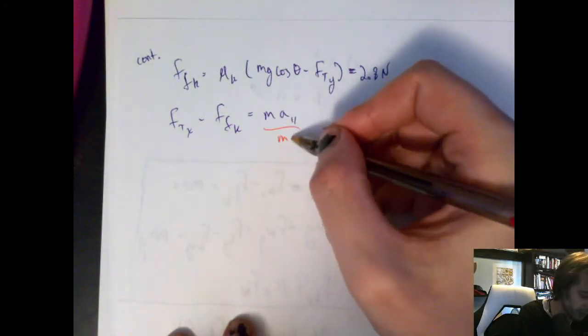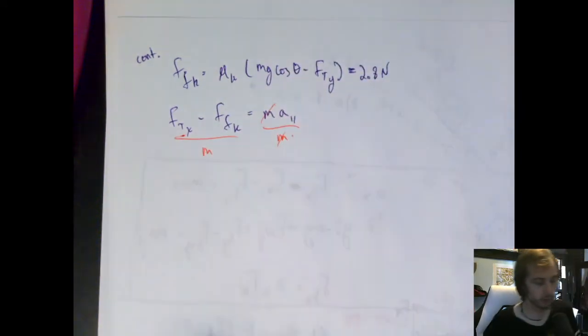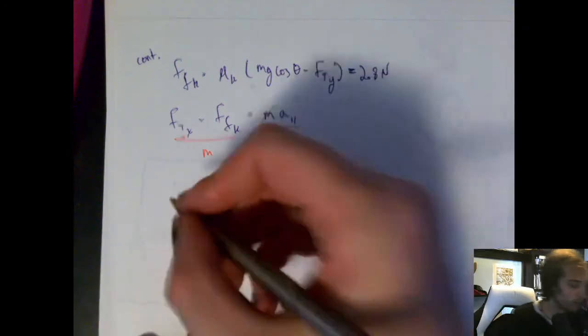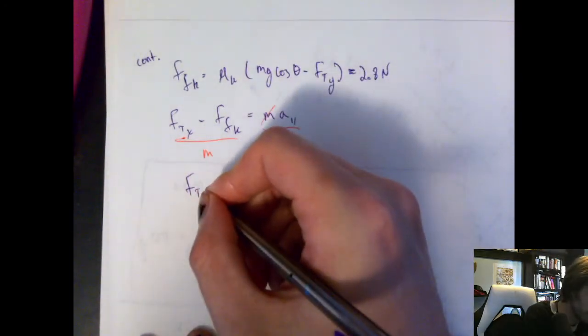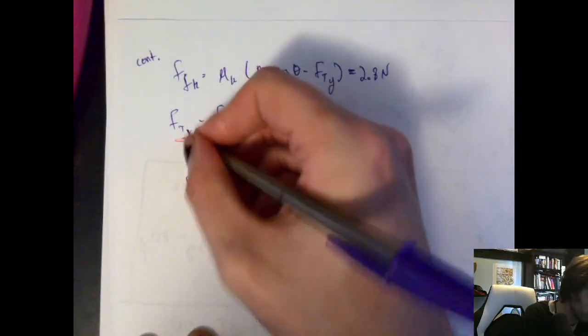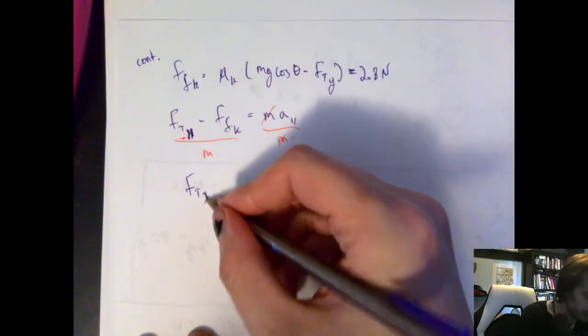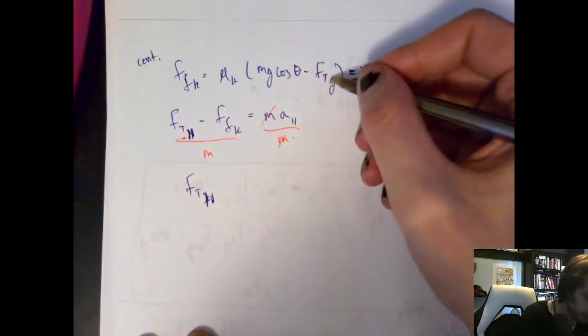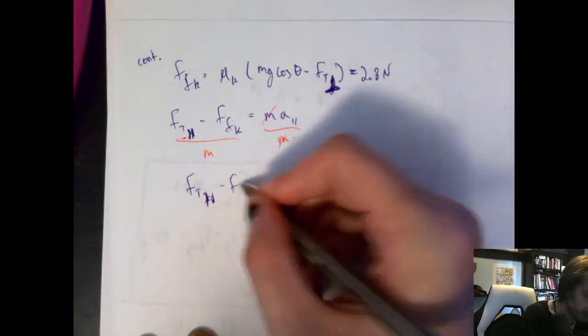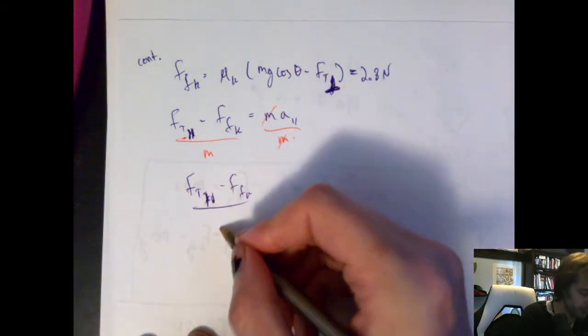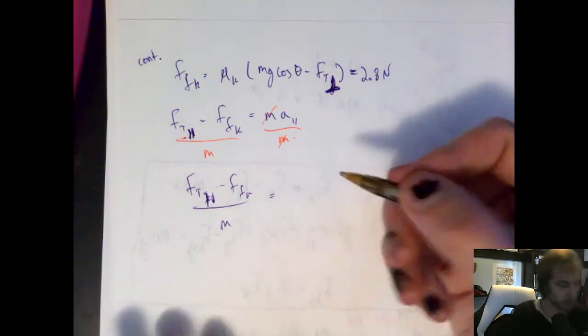Because we are looking for the parallel acceleration, I'm going to divide by the mass before I plug anything in, just to make my life a little easier and have to write a bit less. That'll give me ft parallel, this should actually be ft perpendicular, minus the force of kinetic friction divided by m is equal to the acceleration.